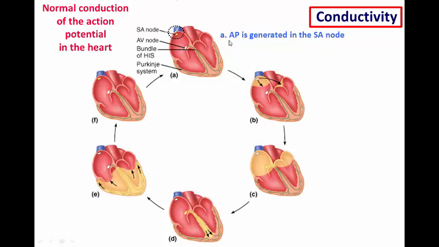So an action potential is generated in the sinoatrial node. This is a cardiac impulse. The type of this action potential is a slow action potential, and the sinoatrial node generates it spontaneously because of the decay in the pacemaker potential.